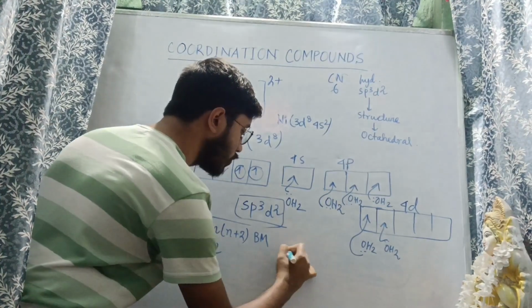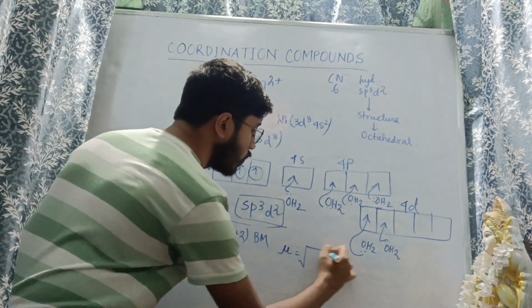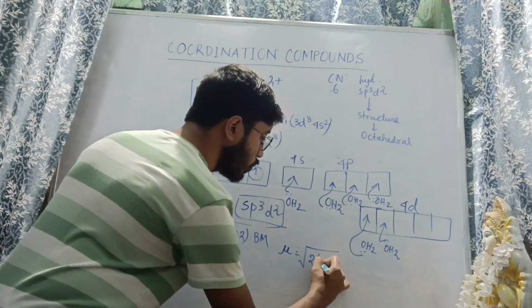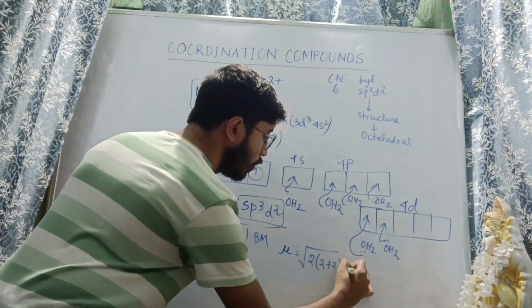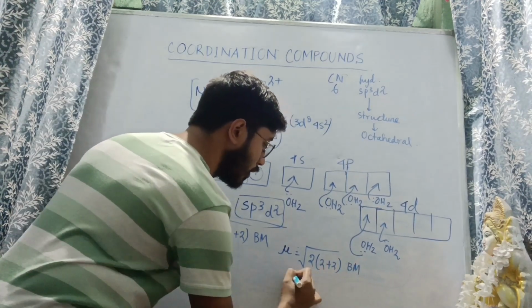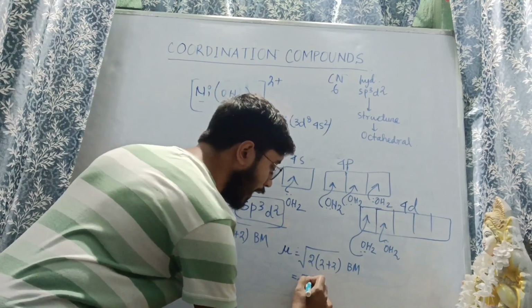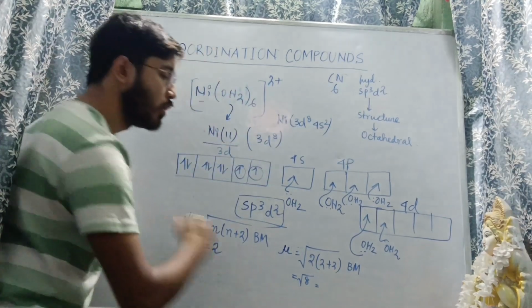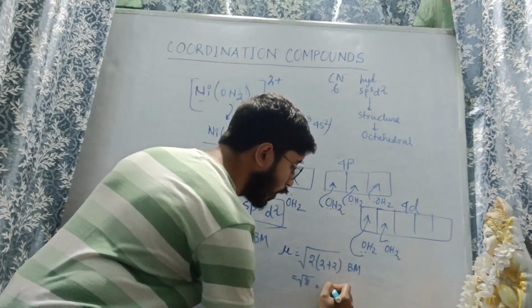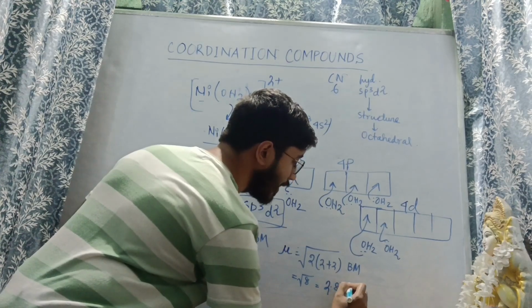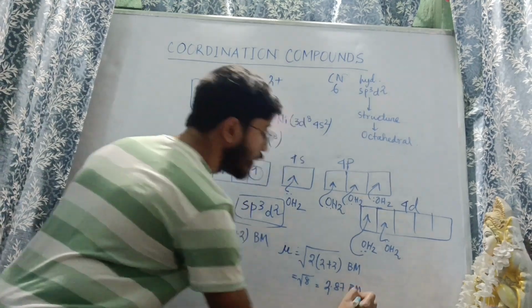So mu equals under root of 2 into 2 plus 2 Bohr magneton, that is under root of 8, which is approximately 2.87 Bohr magneton.